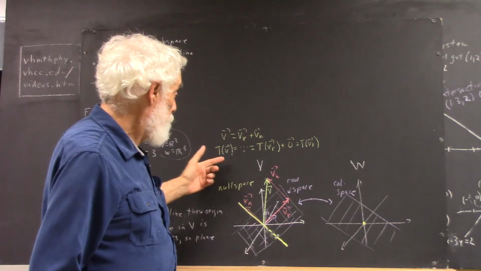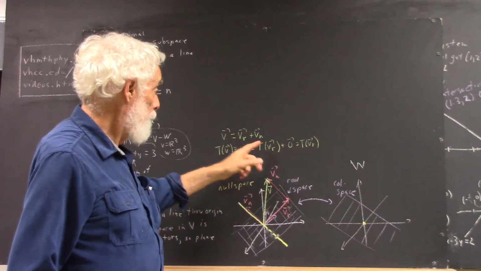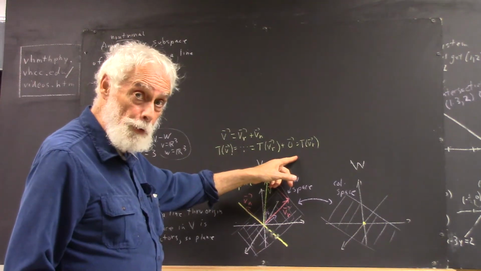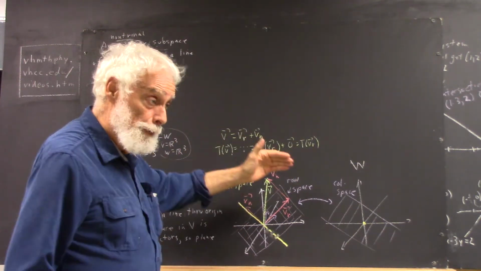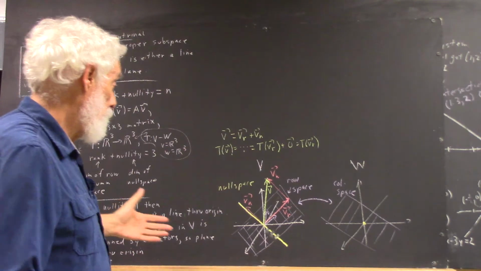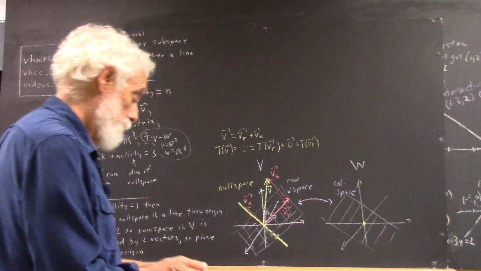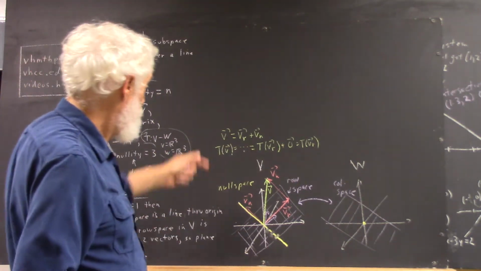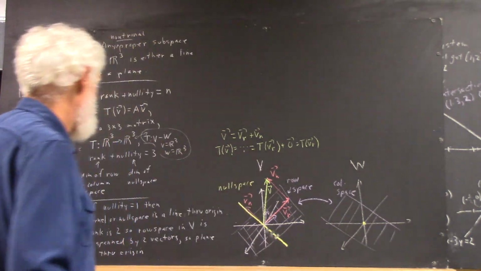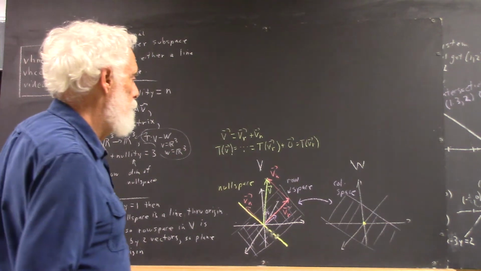Okay? The only thing that this depends on is that T of Vn be 0 and the linearity of T. So you can look back at the other equation. It applies in this situation. It applies in any dimension. Okay, so that's a picture of the transformation.